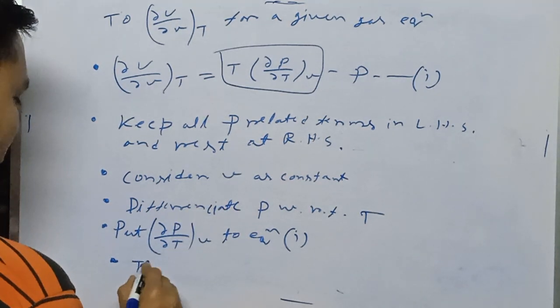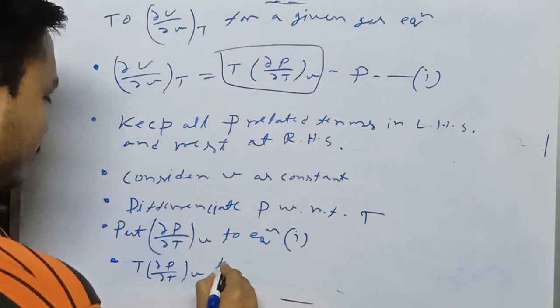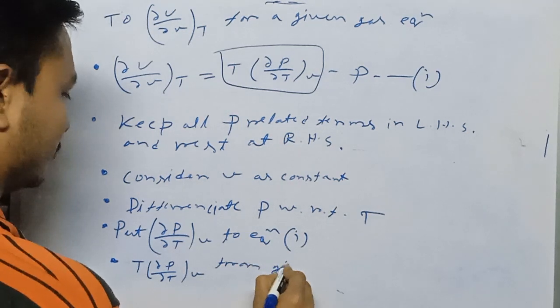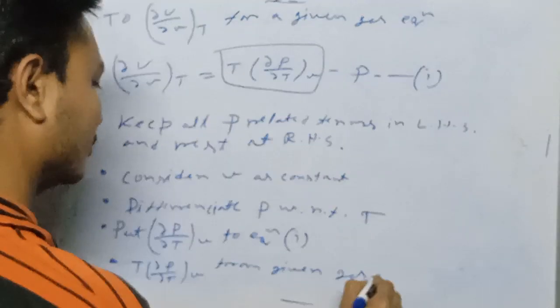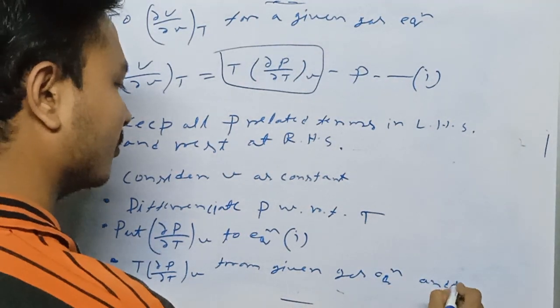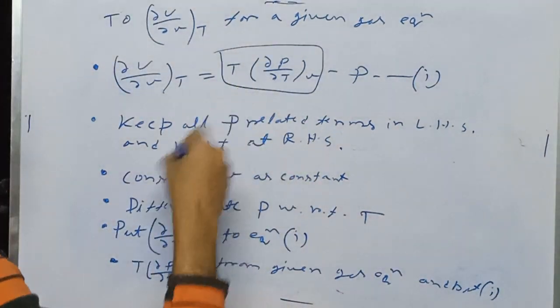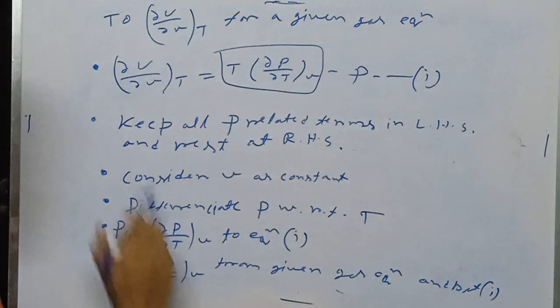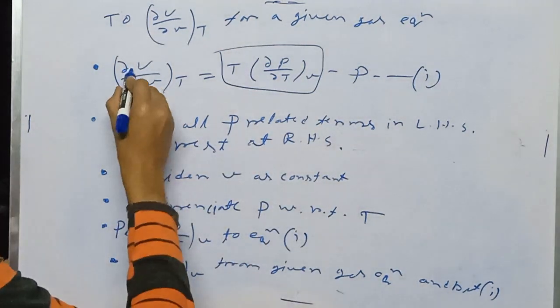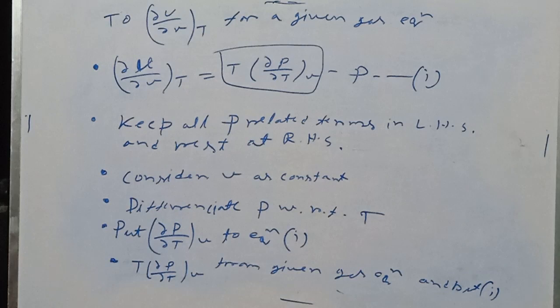From the given gas equation, put it in equation 1, and then after cancelling out the pressure terms, you get the value of ∂U/∂V at constant T. These are the steps. You must take a screenshot of these steps.